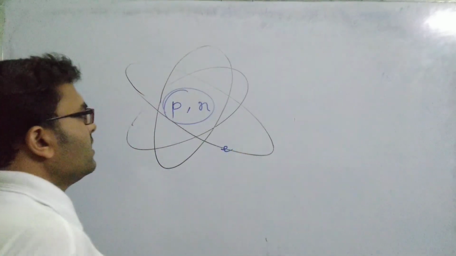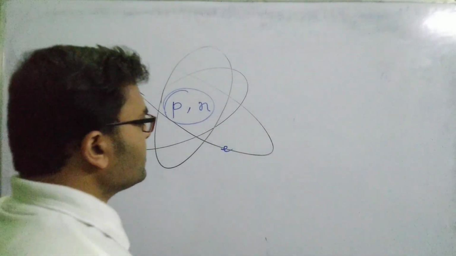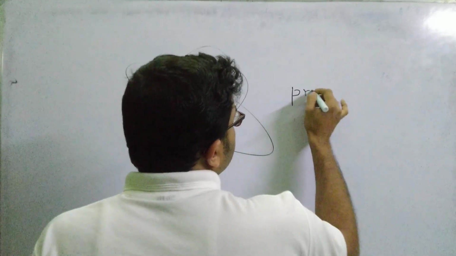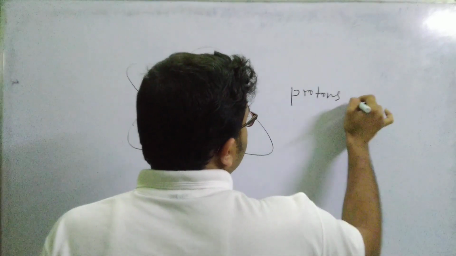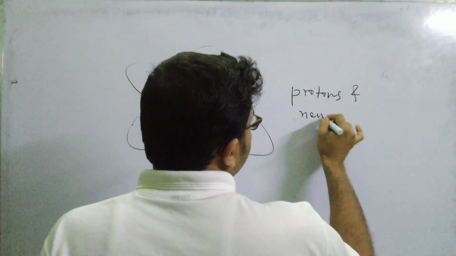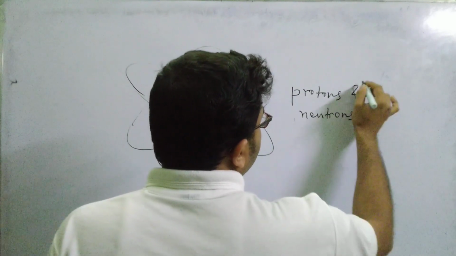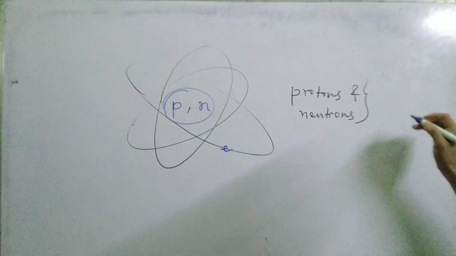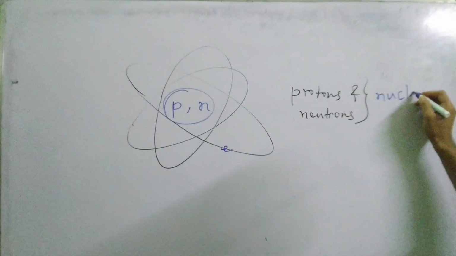So these are the electrons. If we consider the protons and neutrons, they are present within the nucleus of the atom.